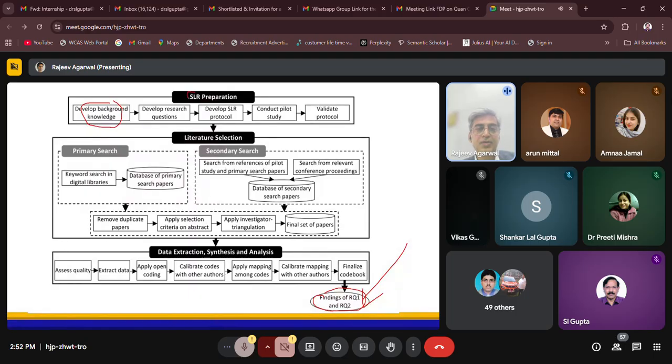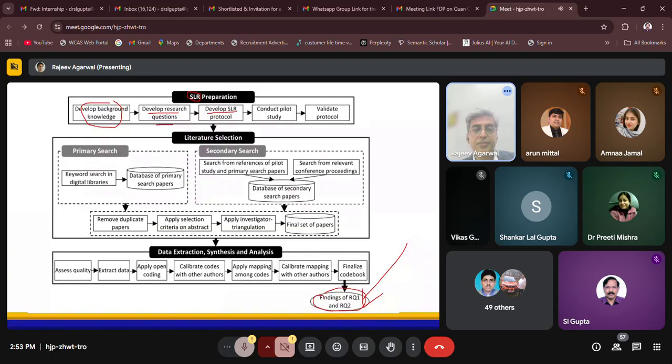For SLR, systematic literature review preparation, you need to have background knowledge. Means you should know what is Industry 4 for sustainability. I'm talking about my particular area. I should be very careful retrieving this data published in various literature. Then we'll be developing research questions.